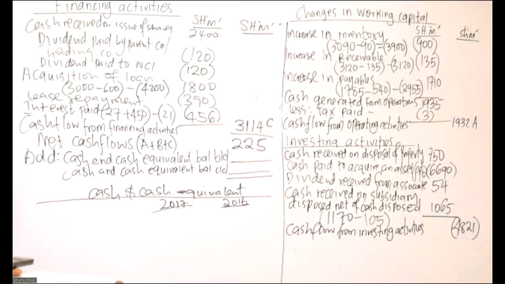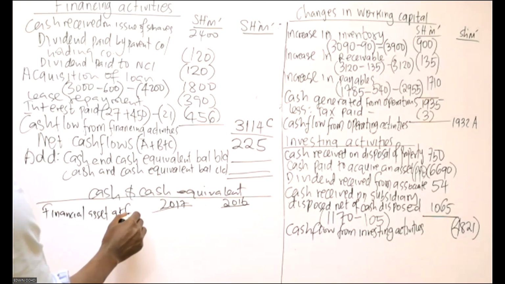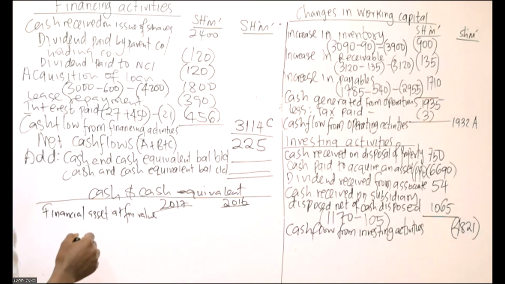So under current asset, we have two items of cash and cash equivalent, which is financial asset at fair value, which is a short-term investment, and we have cash and the bank balances.